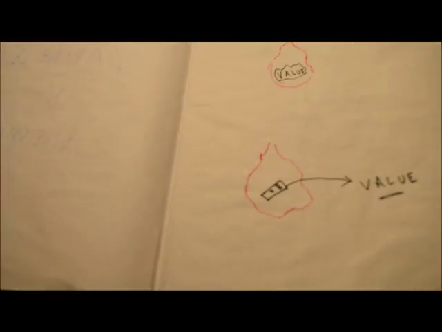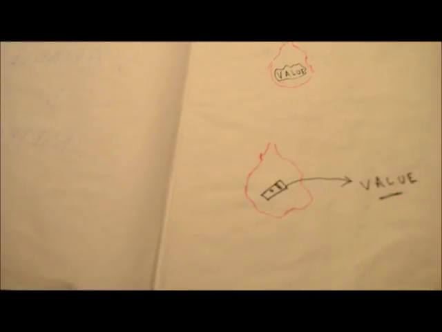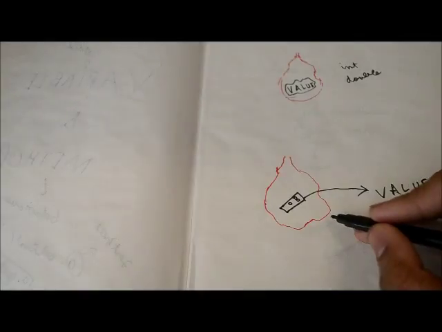Now, what determines whether the value is stored inside here or outside? It's a very good question. Anything that is an object, okay, so it's created from a class, is stored outside these bags, right?